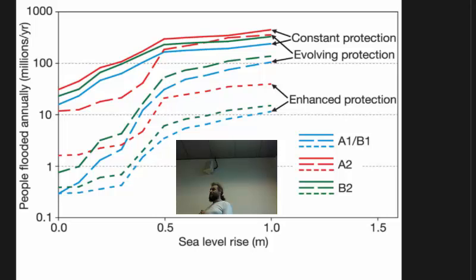And what you see is that in this particular case, 1 meter of sea level rise raises the number of people flooded by an order of magnitude, but economic growth reduces it by an order of magnitude. The number of people flooded would stay at 50 million per year if you put the two together.